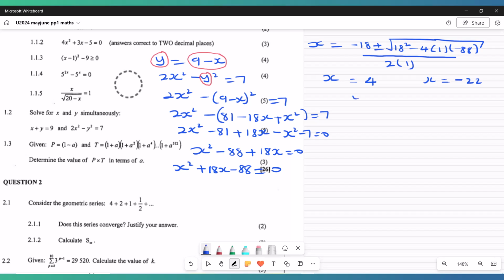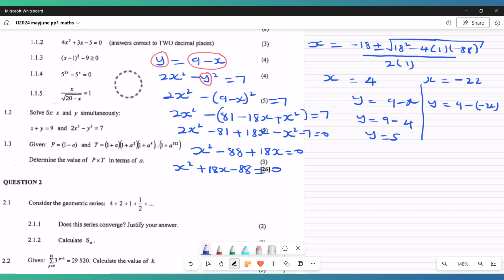So don't forget our y from the first equation. It was y equals 9 minus x. So when x is 4, it's going to be y equals 9 minus 4, which gives y equals 5. Okay, about this side here, I'm going to say y equals 9 minus x, which is the same as saying minus negative 22.